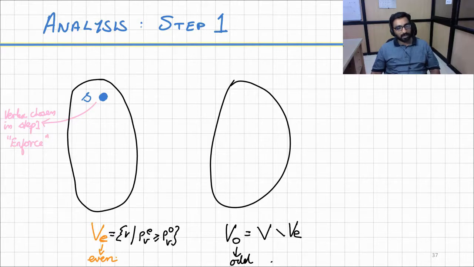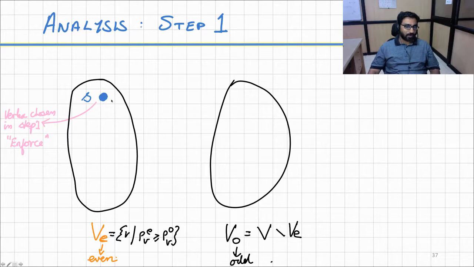But this is not done arbitrarily; rather, it is done in the following manner. The set VE is the set of all vertices such that the probability PVE is greater than or equal to PVO. So these are the vertices at which you are more likely to terminate after an even number of steps.